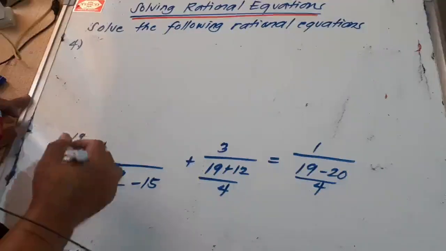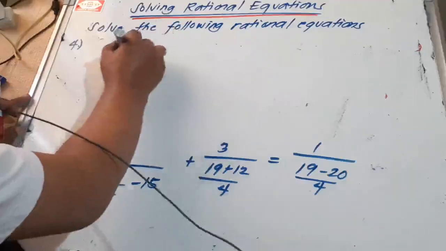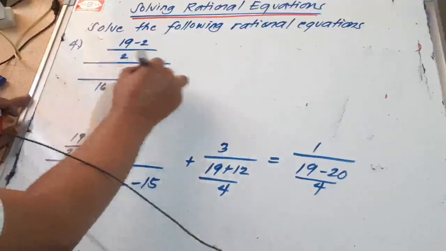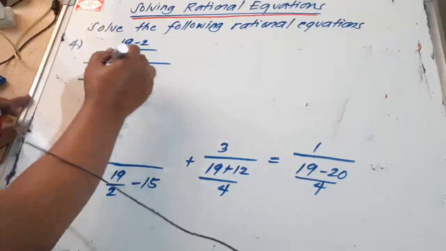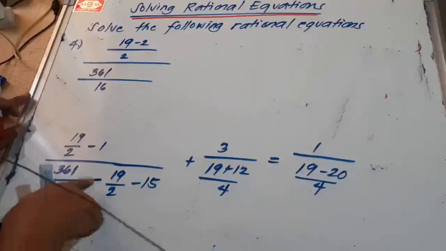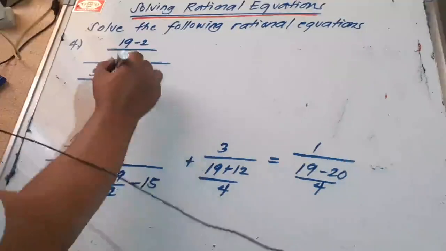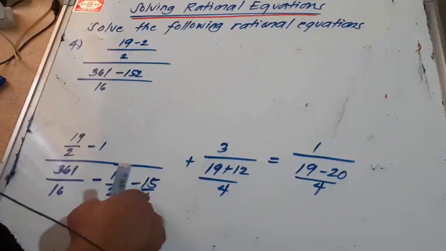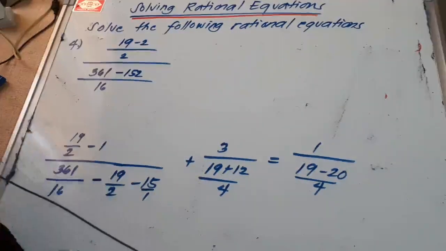So 19 over 2. So 2 times 1 is 2. So 19 minus 2 over 2. We have LCD is 16. 16 divided by 16 is 1 times 361. That will be 361. 16 divided by 2 is 8 times 19 is 152. So minus 152. So we have 1 here. 16 times 15 is equal to 240.